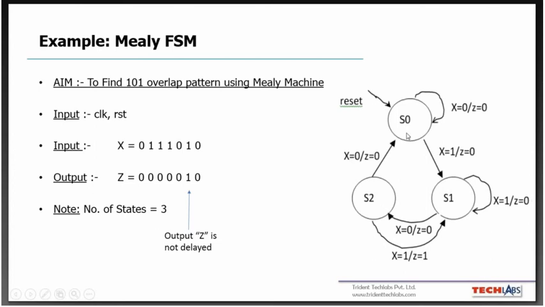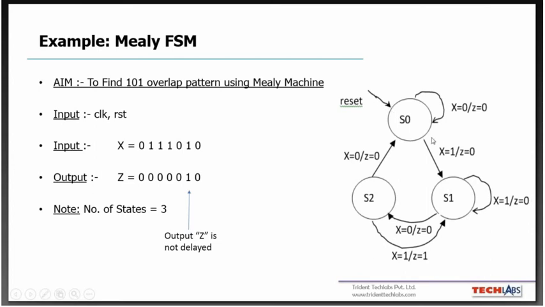Previously in Moore FSM we had z is equal to 0 attached to S0, and similarly for S4 we had z is equal to 1 assigned after finding the pattern, but here we are not having any output on the states. And one more thing is that here also we have the same reset.